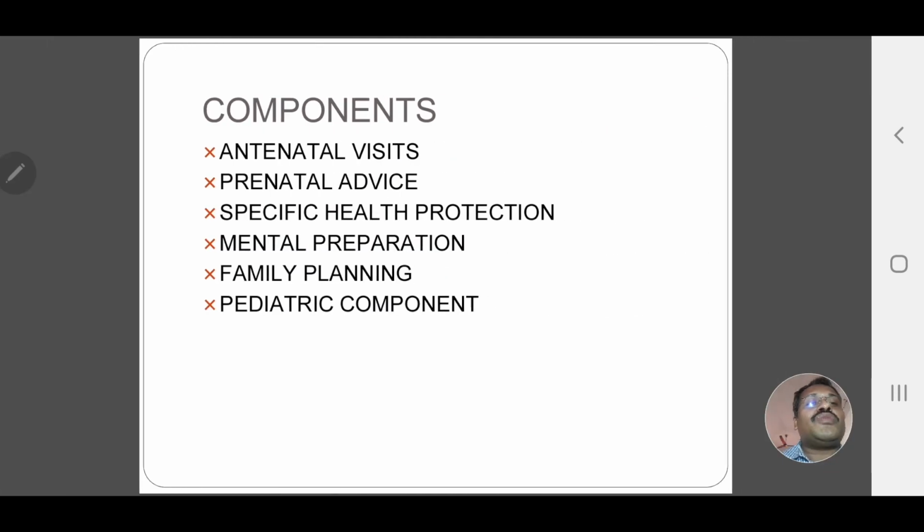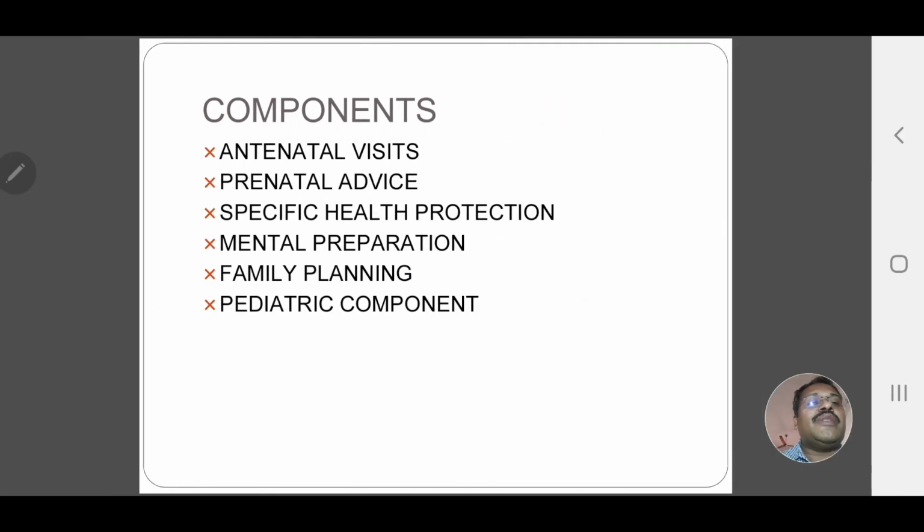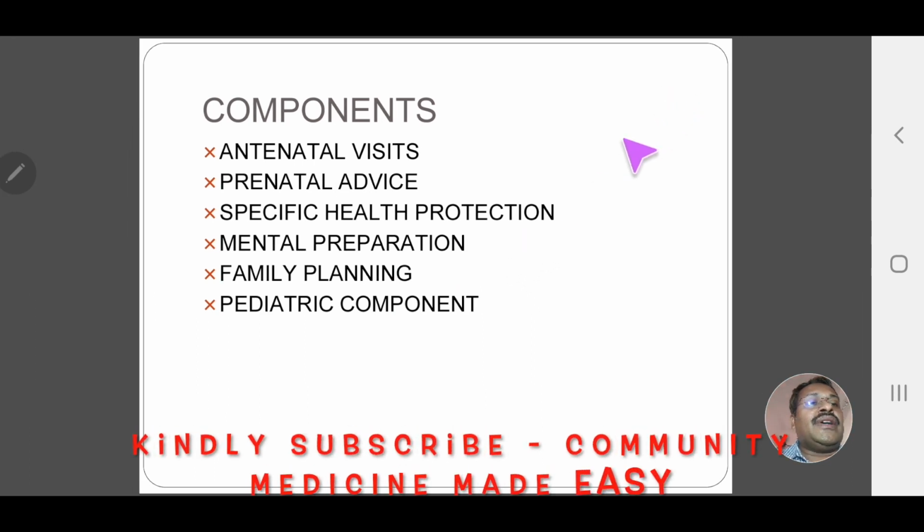Next are the components. What are the components of antenatal care? These are the 6 main headings under which we are going to discuss, and they are related to the mnemonic we framed in the previous slide. The mental preparation is related to the anxiety part, the 4th point. Family planning we discussed, and then the under 5s, that is the pediatric component.